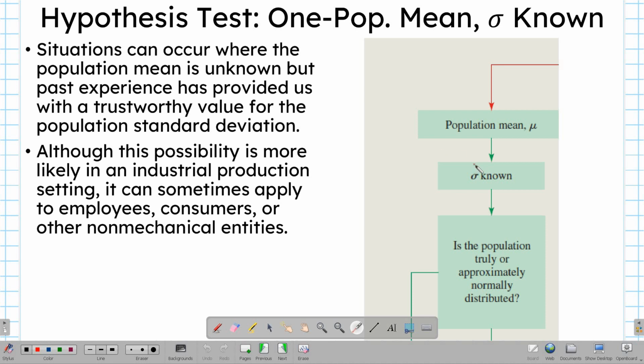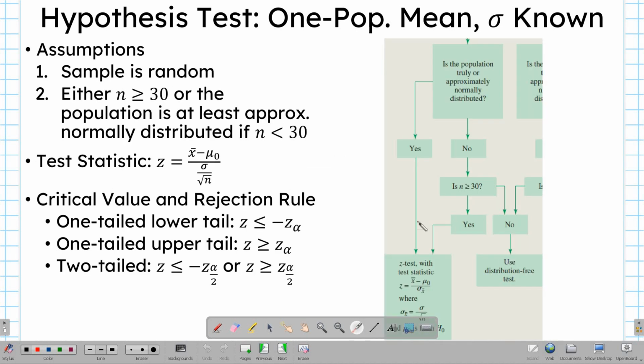Before we go to that, we have to be sure that if we know the population standard deviation, we know whether the population is truly or at least approximately normally distributed. If it is, then we can proceed to our one population z-test. If it's not, we have to check if the sample size is greater than or equal to 30.